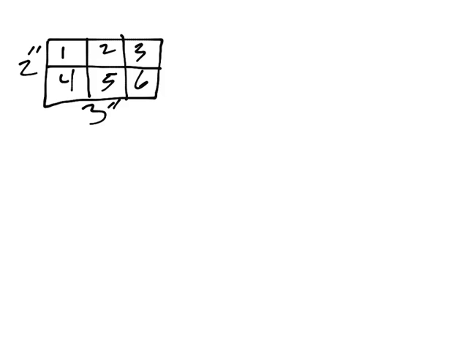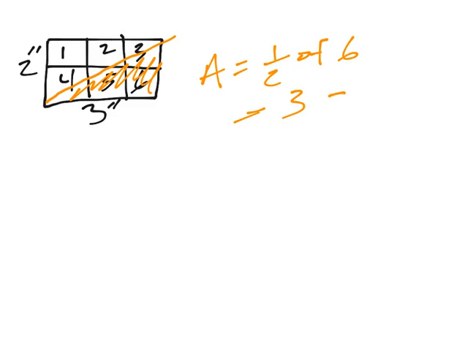And what we're saying is if we cut that area in half and just look at half of it, the area of that triangle is a half of 6, or 3 square inches.